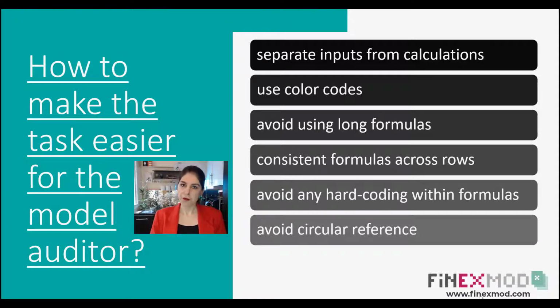Avoid circular reference. That's something that is very important and very difficult to deal with in financial models. A circular reference is where one cell refers to itself, and it creates a kind of loop in the calculation. In project finance models, this is very common when you are creating the sources and uses of funds statement, because you have your interest and your fees, which depend on the debt in your uses statement, and you're sizing your debt based on the uses.